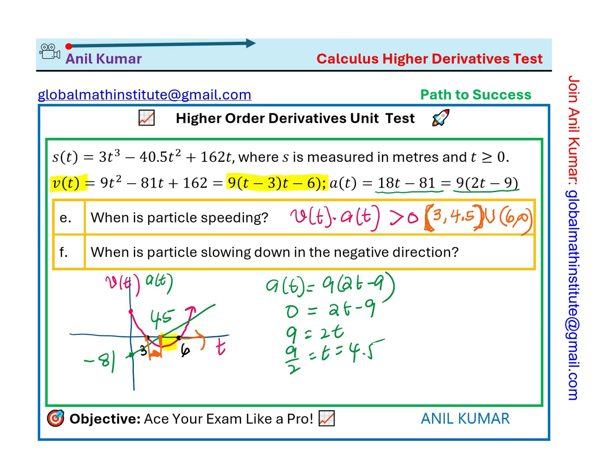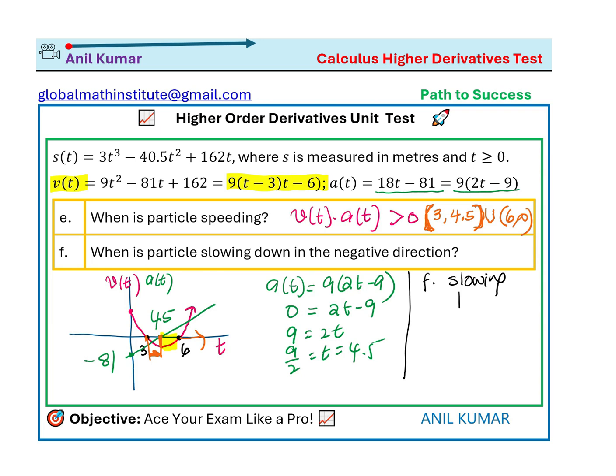And now part F is, when is the particle slowing down in the negative direction? So when we say slowing down, it means that the product of velocity and acceleration is less than 0.